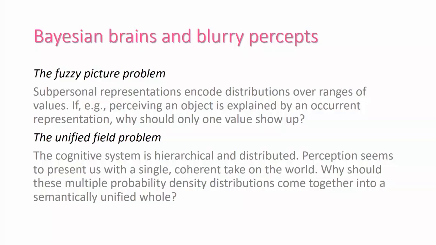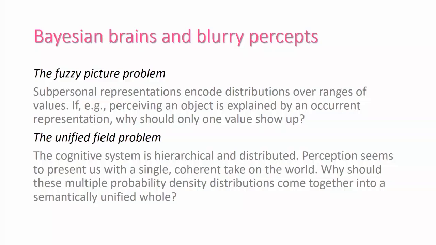So perceptual experience seems to present us with a unified field. And I'm saying that this worry doesn't just tell against this kind of Cartesian theater single representational take. On the face of it, we might wonder why the multiple and distributed representations underlying perception should give us anything like the semantic coherence that our experience seems to present us with.